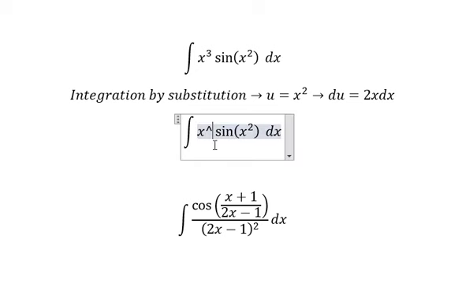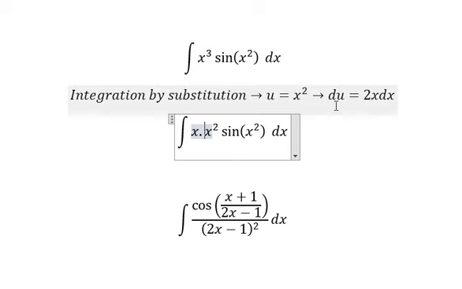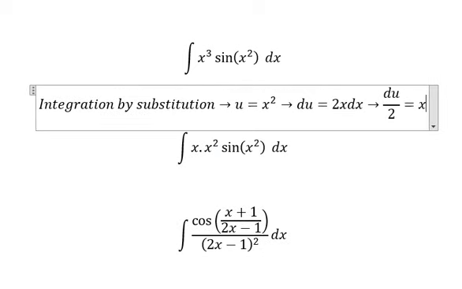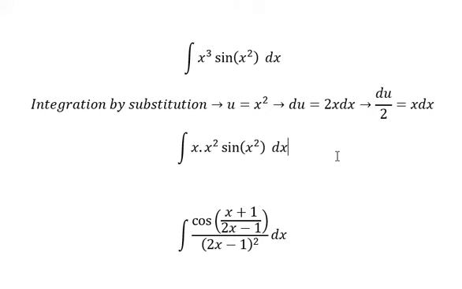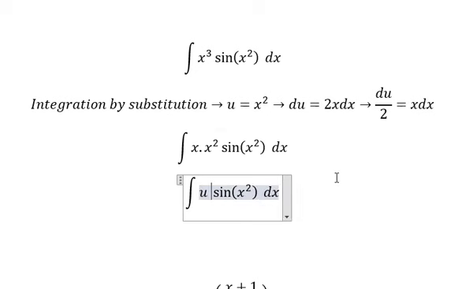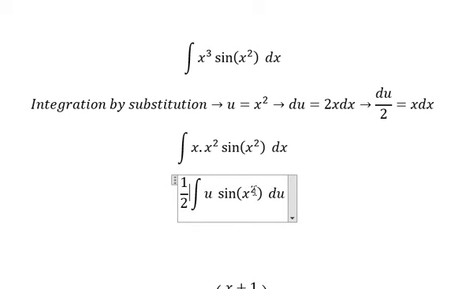We can put s squared and s. Because we don't have number 2 in here, we need to divide both sides by number 2. So this one we change for u, the s we change for du over 2, and s squared we change for u.